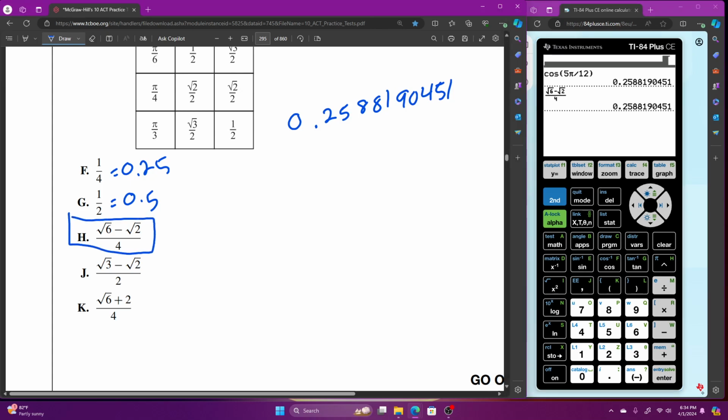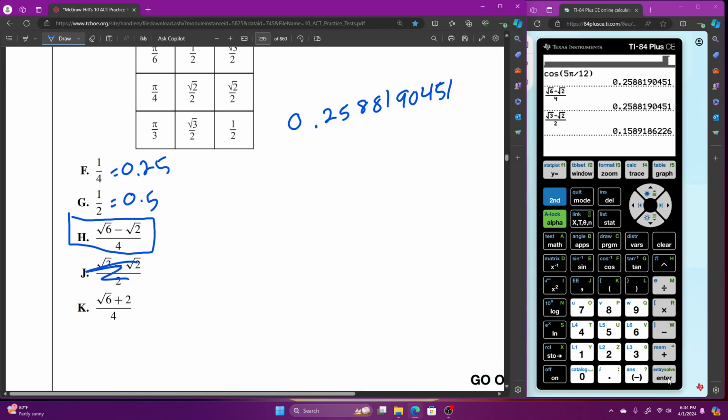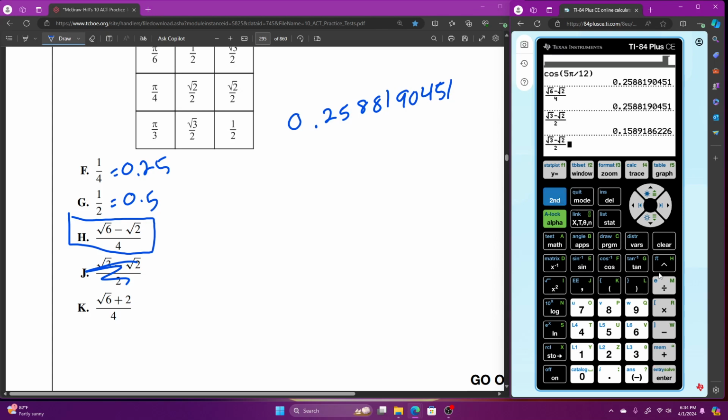And if you had tried any of the others, let's pull that back up and change that square root of 6 to square root of 3. And that's over 2. J is not a match. And that was, let's see, try K. That's a 6.